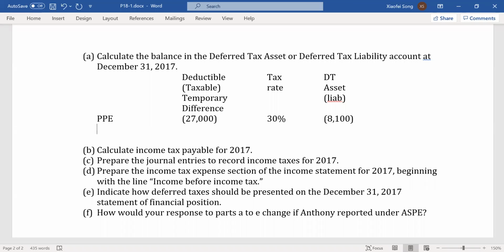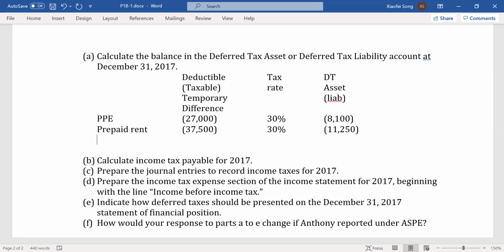The next is prepaid rent. If you go back to the note slightly earlier, we have a taxable amount of 37,500. At 30%, the deferred tax liability out of that is 11,250. Again, that's a deferred tax liability.